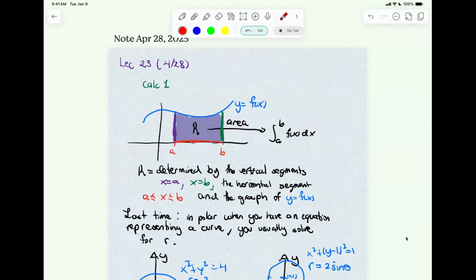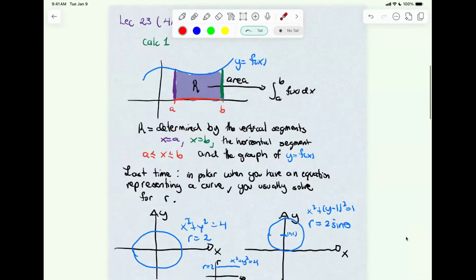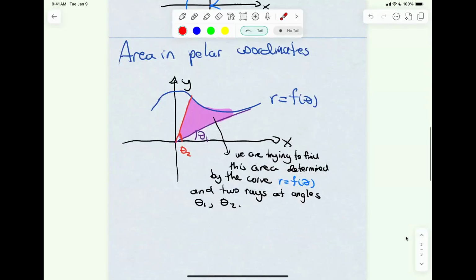But in polar, if you try to do rectangles, that is a mess, because both the base and the height change, and sometimes you would want to use a triangle, and how the breaking happens is less clear. So instead of rectangles, you approximate the area using circular sectors. Let me see if I can show I have it there.